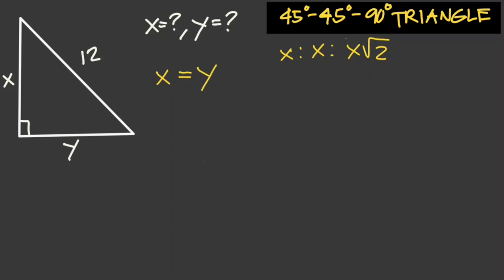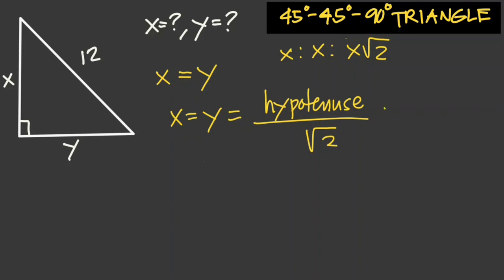To solve for our legs, x equals y equals the hypotenuse divided by square root of 2. So our hypotenuse is 12, then divide that by square root of 2. We cannot leave a radical in our denominator, so we need to rationalize this expression by multiplying both our numerator and denominator by square root of 2.